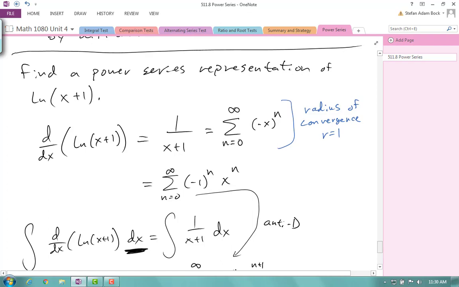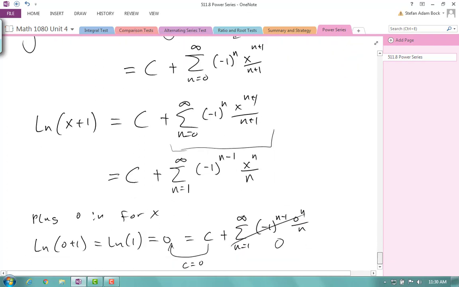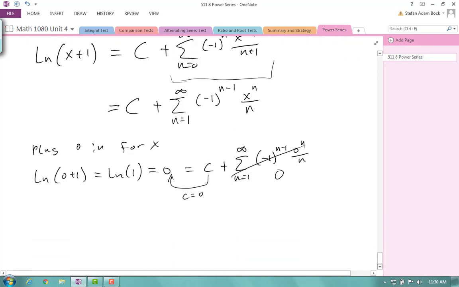Which means, after I did this integral stuff, that this series here, natural log of x plus 1 equal to the sum from n equals 1 to infinity, negative 1 to the n minus 1 times x to the n over n, has a radius of convergence of 1 also.